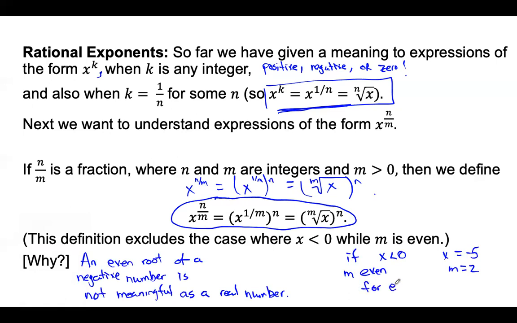For example, x to the power 1/2 is equal to the square root of -5. Not very meaningful, so it excludes this particular case. Also, for example, if n is equal to 4, the 4th root of -5 is not very meaningful.